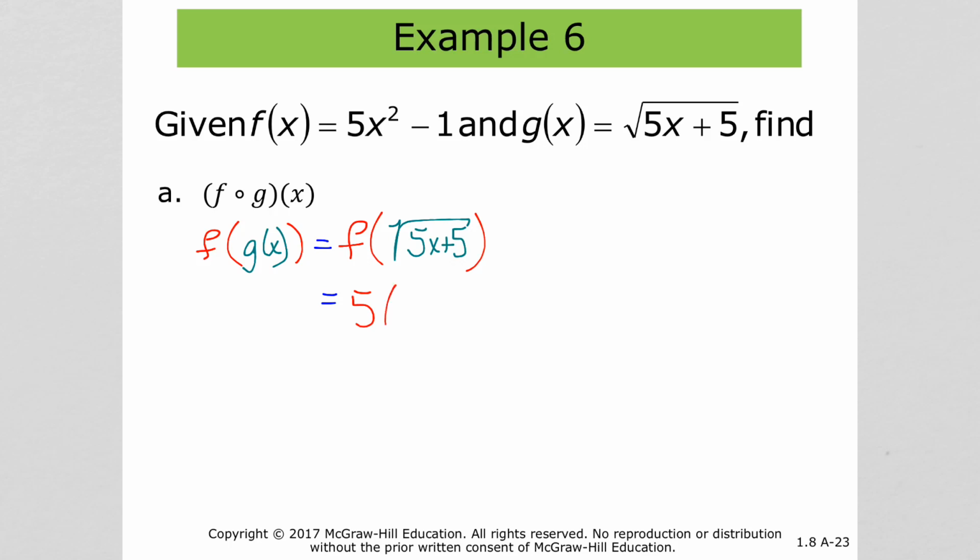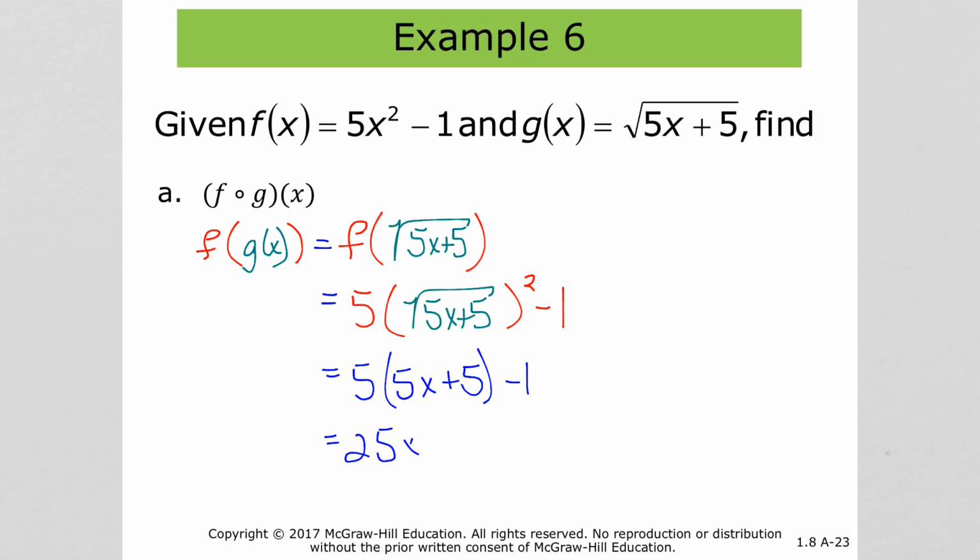So whenever we run into an x in f, we're going to put the square root of 5x plus 5. And the square root of 5x plus 5 squared is just 5x plus 5. Distribute. And we have 25x plus 24.